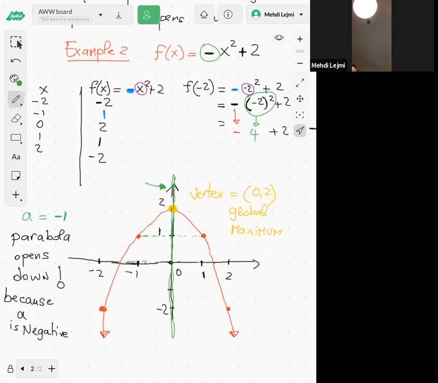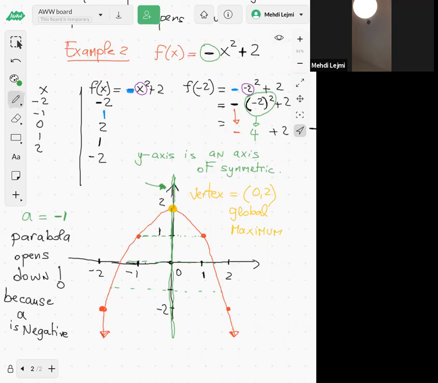So the y-axis is an axis of symmetry. Okay. Right. So that's an example where the parabola opens down, because A is negative. Anyway, guys, these are just 2 examples.